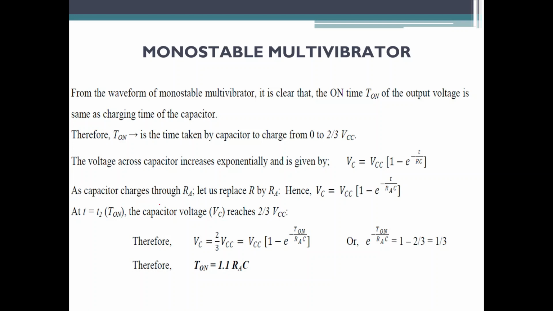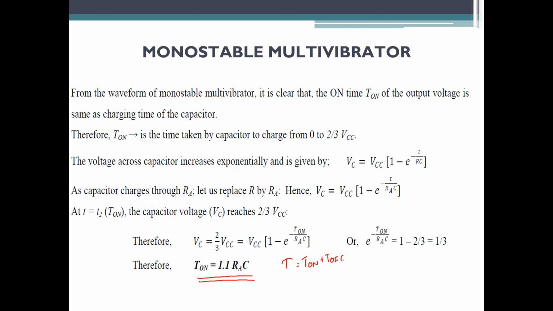So you can replace Vc with 2 by 3 VCC, which is equal to VCC into 1 minus e to the power minus T on divided by Ra into C. After resubstituting, you get the formula for T on is equal to 1.1 Ra into C.